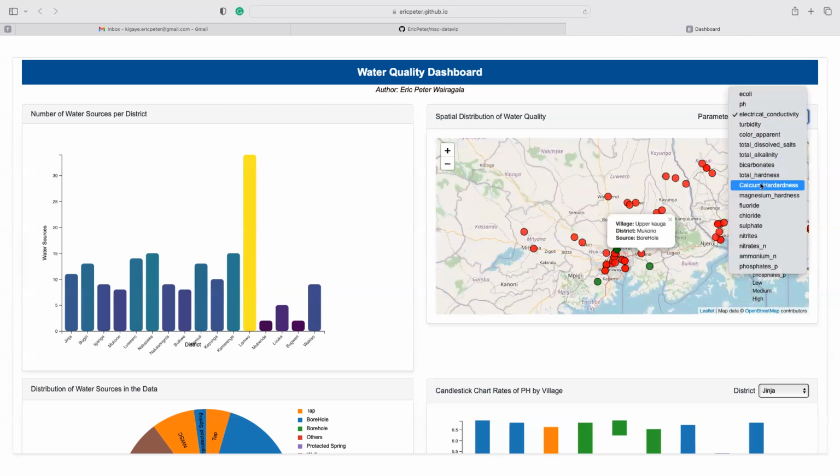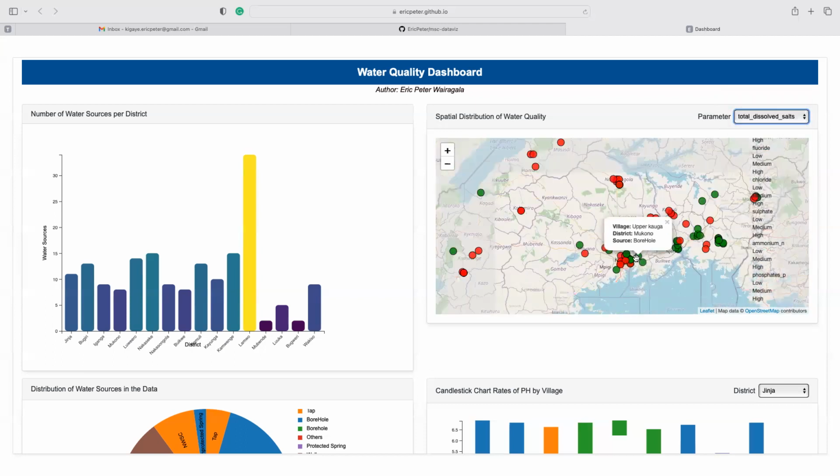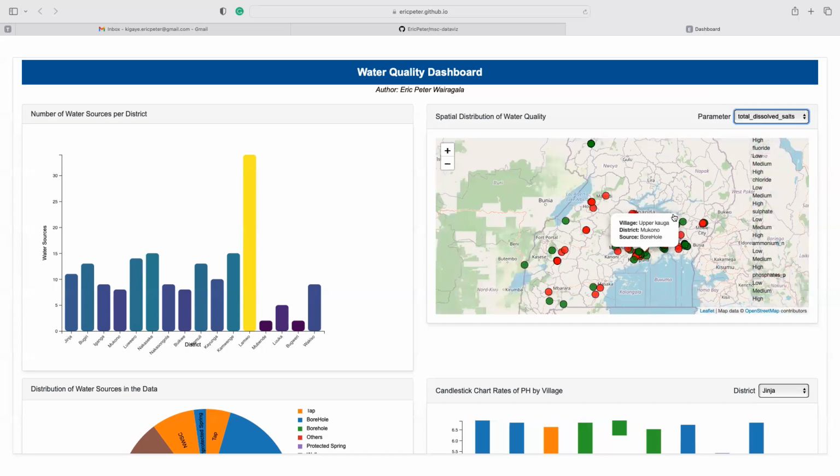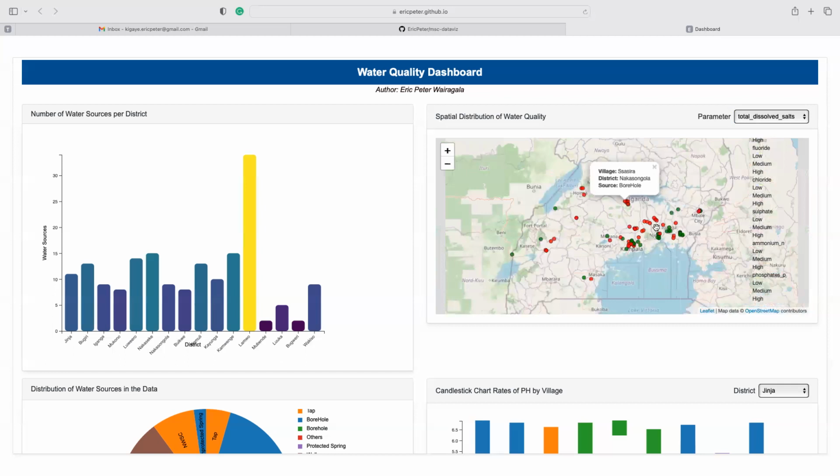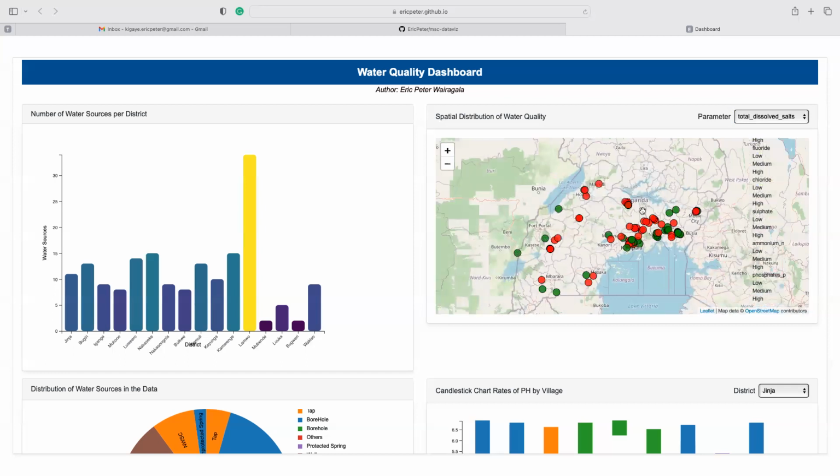And then just to look at some of the things that are really important here, for example, when we look at the total dissolved salts in the water, we see that areas in Kayunga, areas in Nakasongola have a high rate of dissolved salts in the water, and we show this using the bubbles on the Ugandan map.